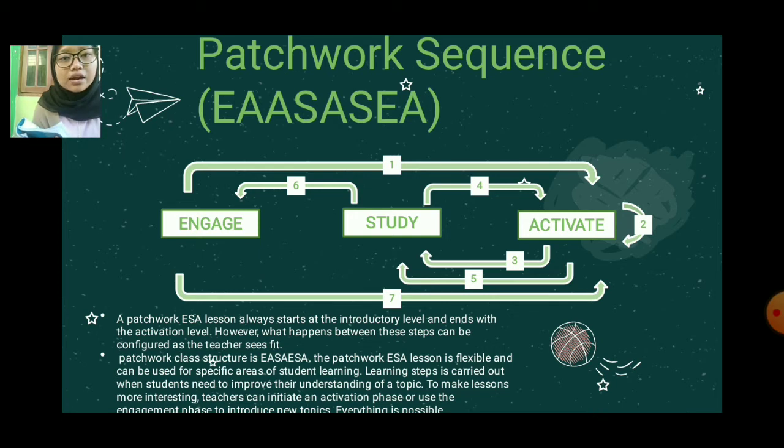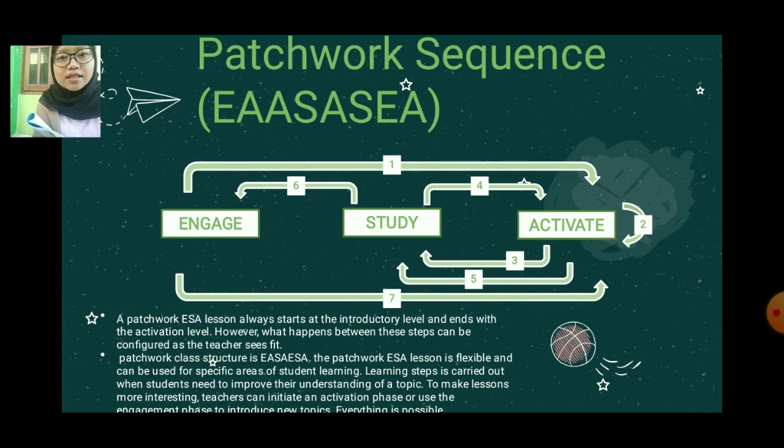Lalu a patchwork essay lesson always starts at the introductory level and ends with the activation level. However, what happens between this step can be configured as teacher sees fit. Nah, di sini peran gurunya sangat penting banget, dan kemungkinan untuk salahnya kecil gitu loh, kan banyak banget prosesnya, jadi itu melalui banyak sekali pembenaran gitu.